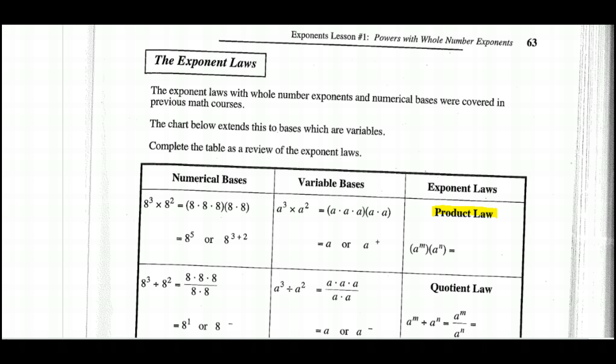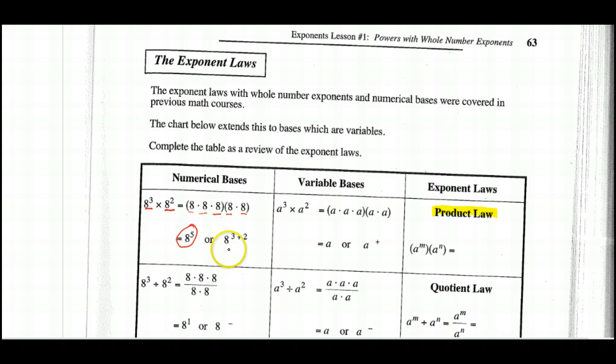In this case we have 8 to the exponent 3 times 8 to the exponent 2. If we rewrite that, 8 cubed is 8 times 8 times 8, and 8 squared is 8 times 8. So really, we have 8 times 8 times 8 times 8 times 8. In other words, we have five 8s, so it's 8 to the power of 5.